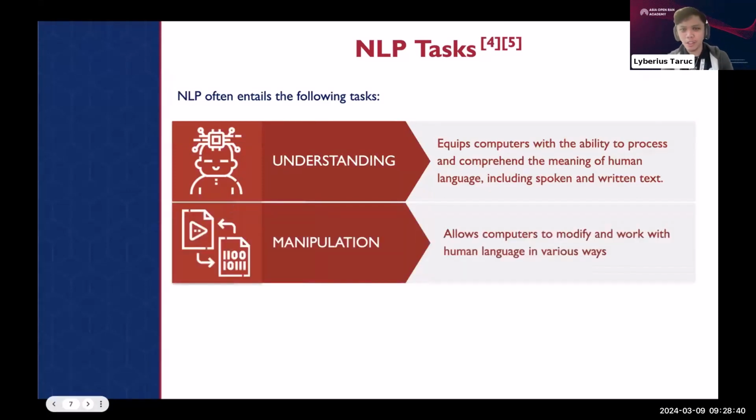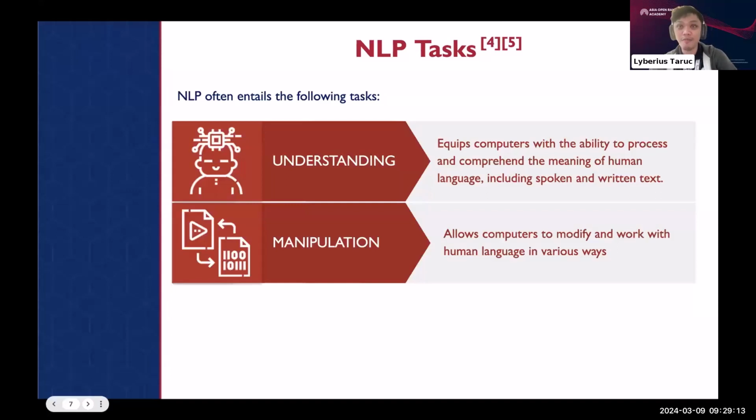Next one, manipulation. It allows computers or machines to modify and work with human language in various ways. This is where the use case of summarization would come in, right? Text summarization, wherein the computer is able to understand that, despite these 4+ paragraphs of words that this user is able to enter into my text field, I'm able to summarize it in, say, 1 to 2 blurbs or 1 to 2 sentences instead.